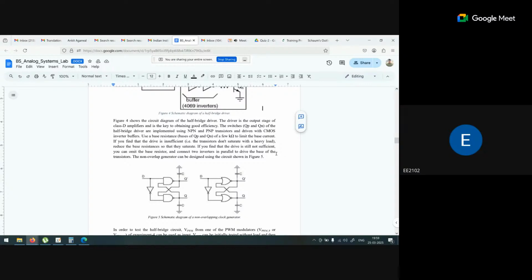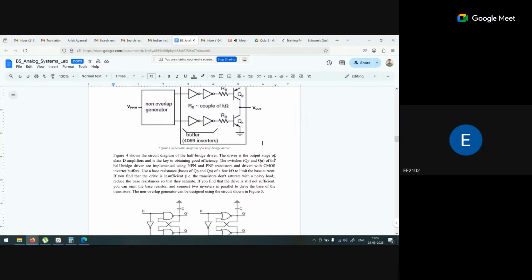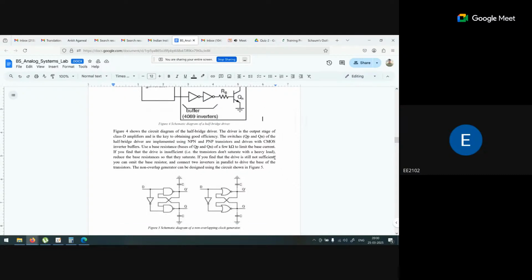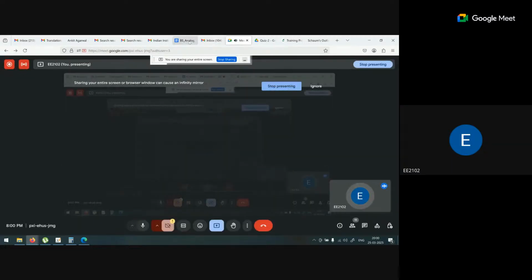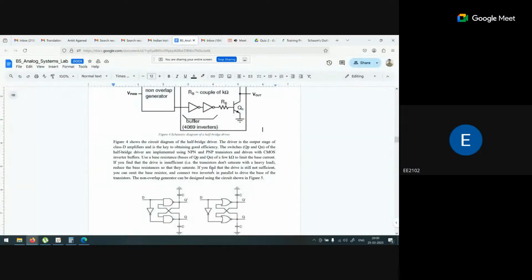You are aware about the differential amplifiers, or particularly you can say the multivibrators. Anyone, are you aware of the multivibrators or the differential amplifiers?